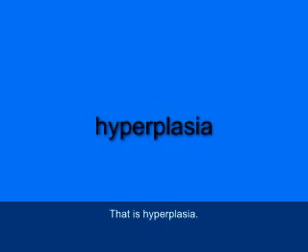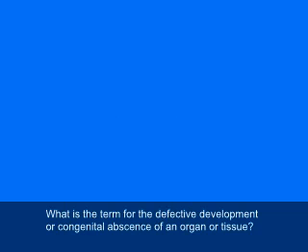And what is the term for the defective development or congenital absence of an organ or tissue? That's aplasia.